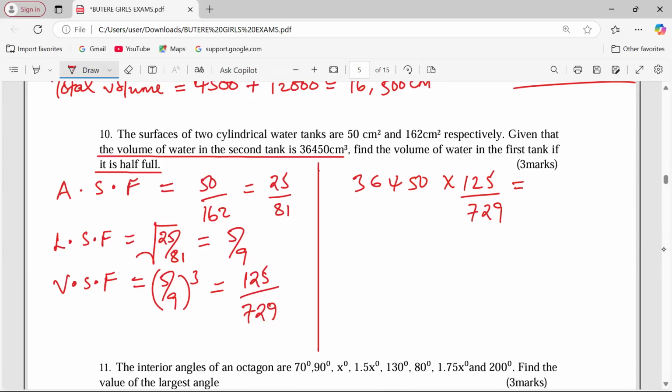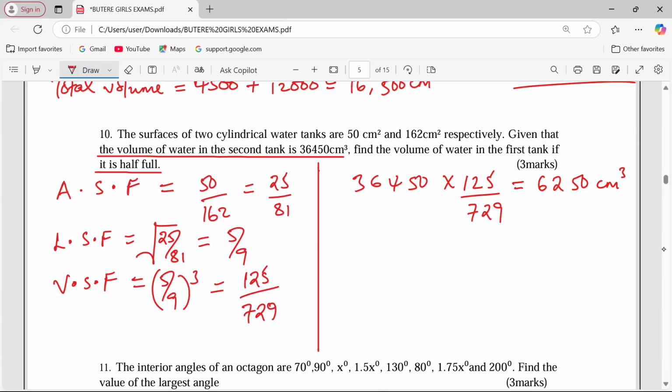In case you wanted the volume of the bigger one when that of the smaller has been provided, we would have multiplied such that we increase the value. So the first tank has a volume of 36,450 multiplied by 125 out of 729. This gives us exactly 6250 cubic centimeters. This one is for the first tank, which is the smaller tank.